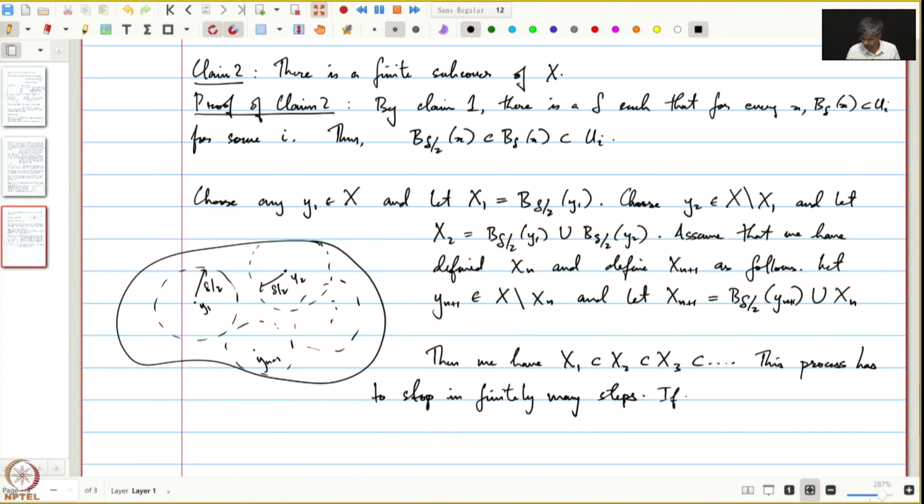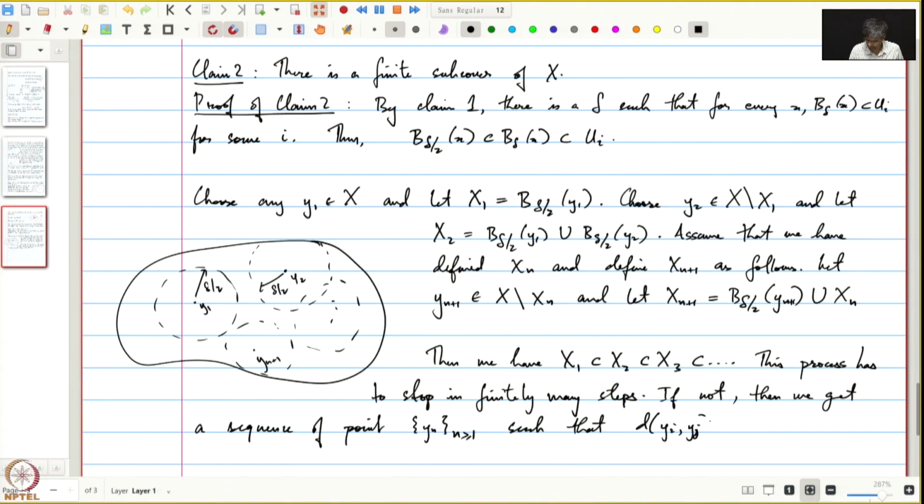If not, then we get a sequence of points y n's, right, such that the distance between y i and y j is greater than or equal to delta by 2 for all i not equal to j. Right, this is how the y n's have been constructed.